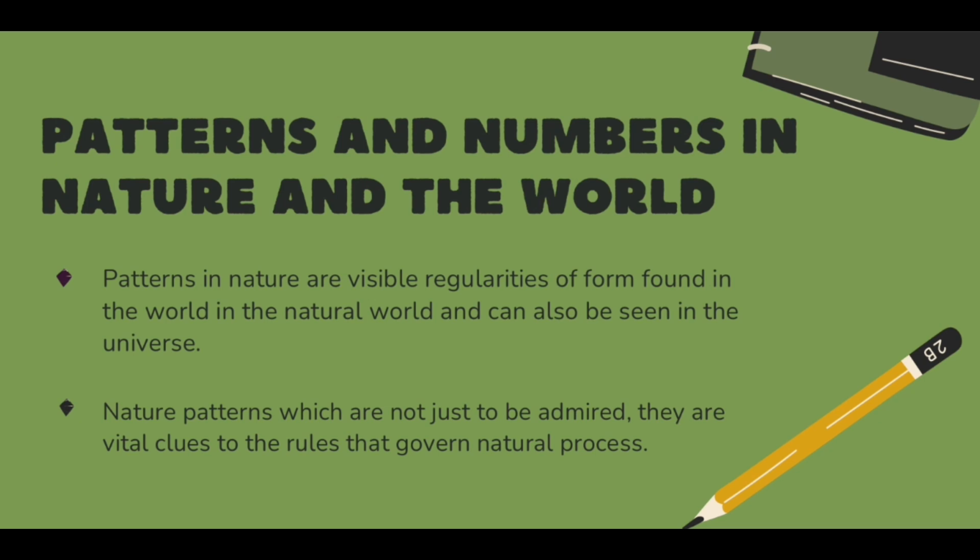Next is patterns and numbers in nature and the world. Patterns in nature are visible regularities of form found in the natural world, and can also be seen in the universe. Natural patterns are not just to be admired, they are vital clues to the rules that govern natural processes.